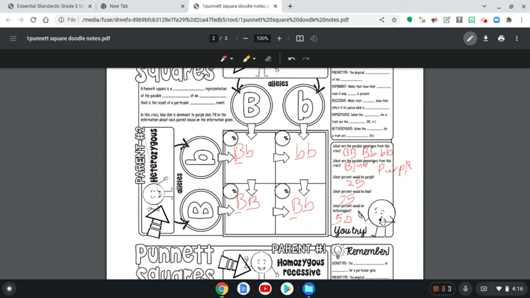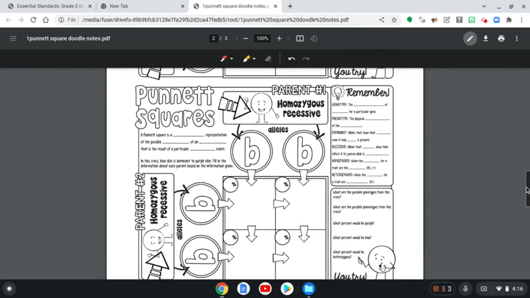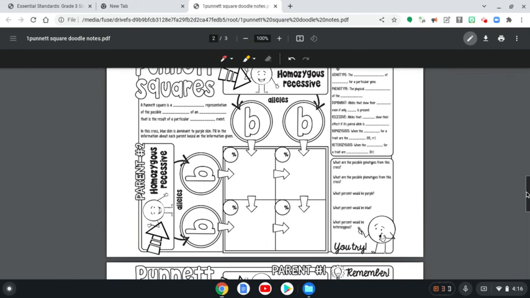Okay, let's see what else we have here. This one's going to be easy. All of these are going to be recessive because that's the only thing we have.